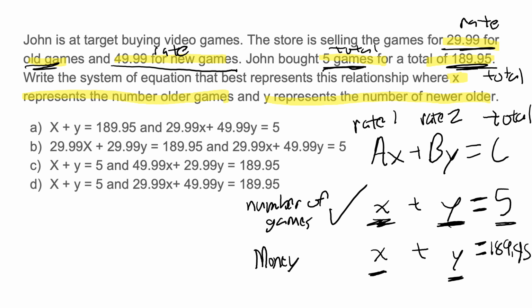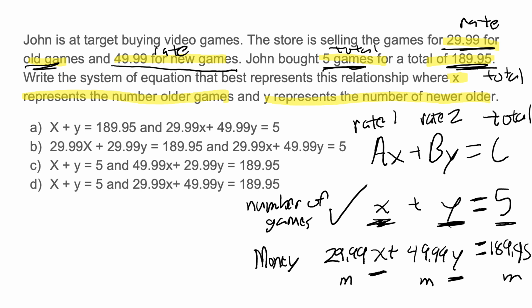So 29.99 per the older games plus, and I'm gonna have to add some room here, 49.99 per every new game gives me $189.95. So this time we got money gives you money. So now that I got my equations written, I could go check.